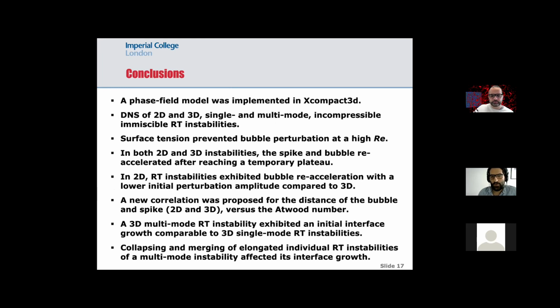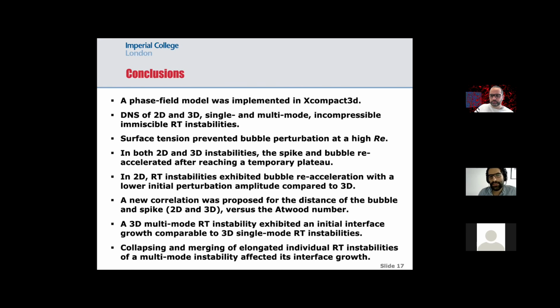And for both 2D and three-dimensional instabilities, we noticed the reacceleration of the spike and bubble velocities. And then we realized that the three-dimensional instability may require a higher initial perturbation amplitude in order to exhibit such reacceleration. And we propose a new correlation for the vertical distance of the bubble and spike versus Atwood number.